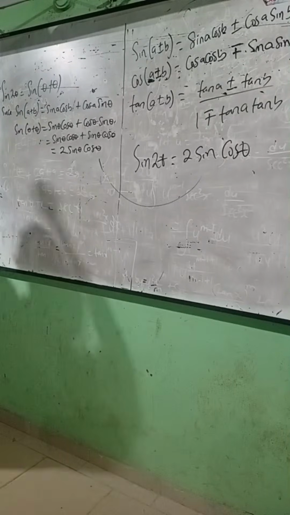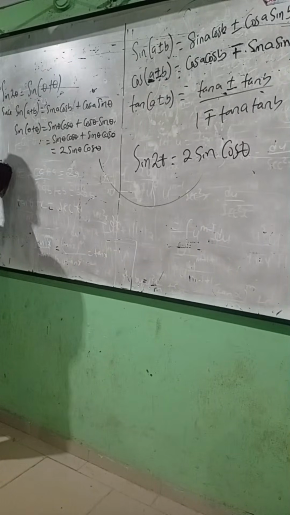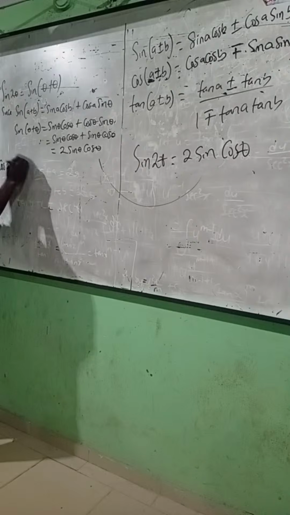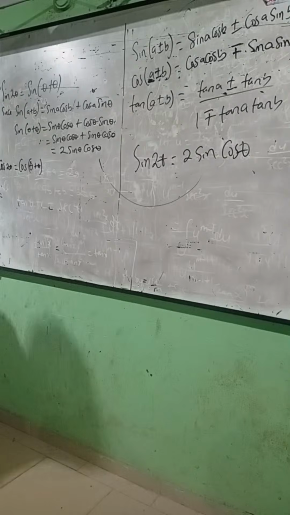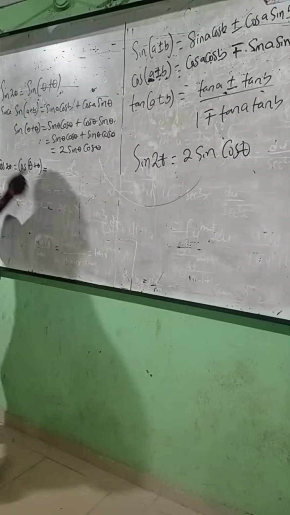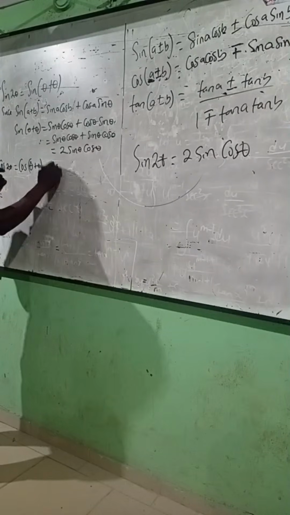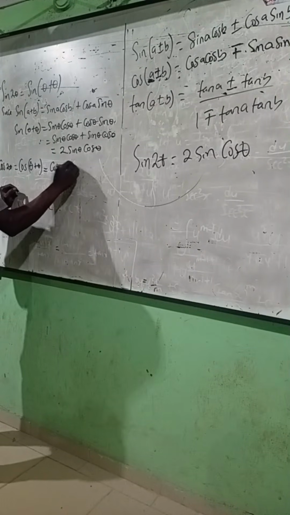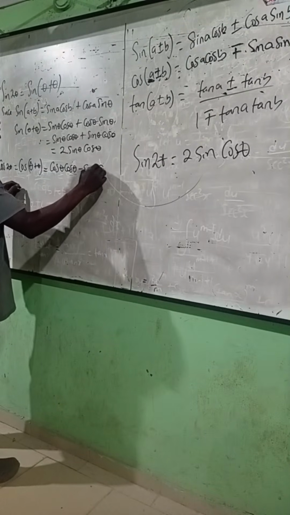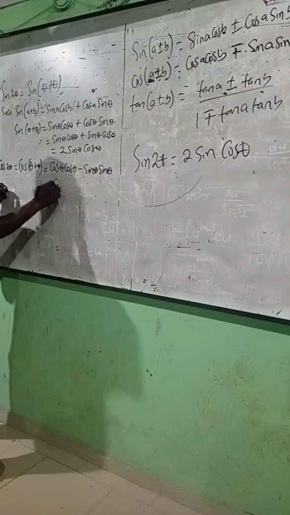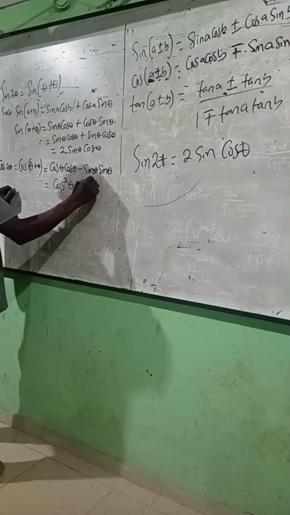So now, let's check for cosine. Let's see what cos 2 theta is equal to. Cos 2 theta equals cos of theta plus theta, which is the same thing as cos theta cos theta minus sin theta sin theta. That is cos square theta minus sin square theta.